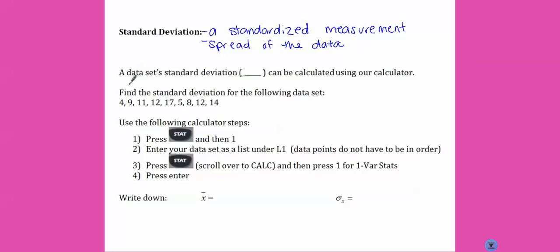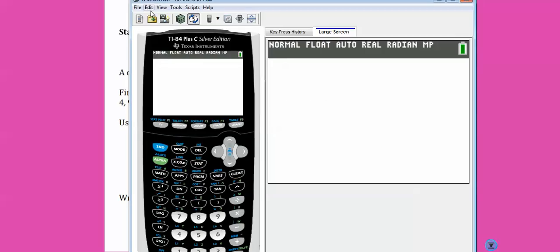So a data set's standard deviation, which we said is the symbol sigma, can be calculated using our calculator. And you guys have done this before. It's in that same list as the mean and the stuff for the box and whisker.